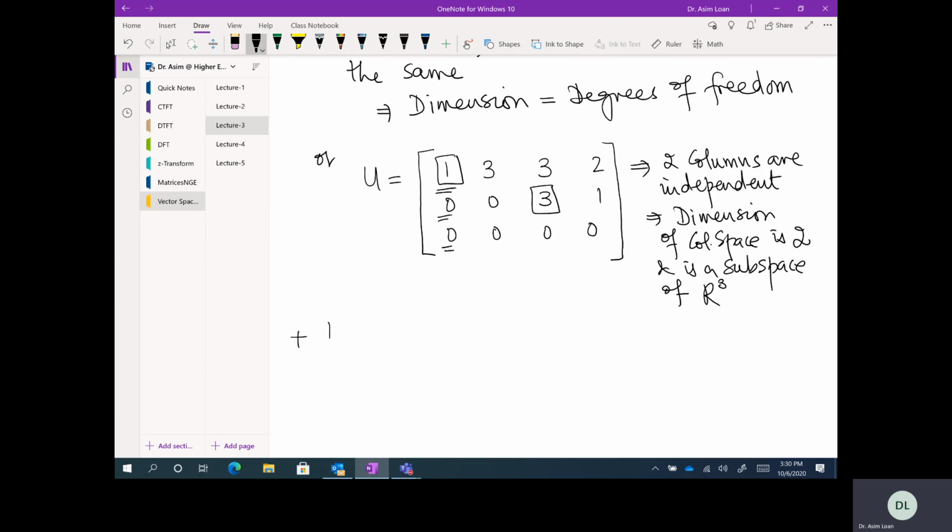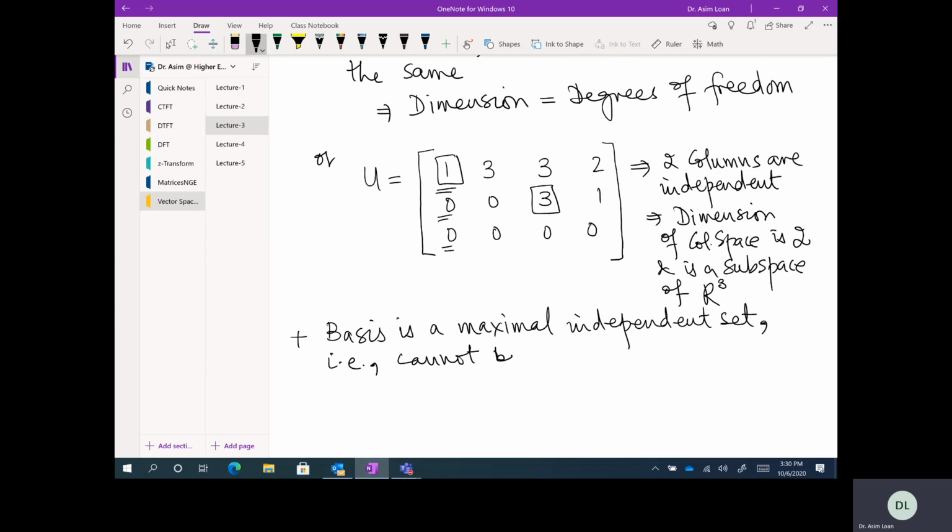So just to reiterate, a basis is a maximal independent set, that is, it cannot be made larger without losing independence.